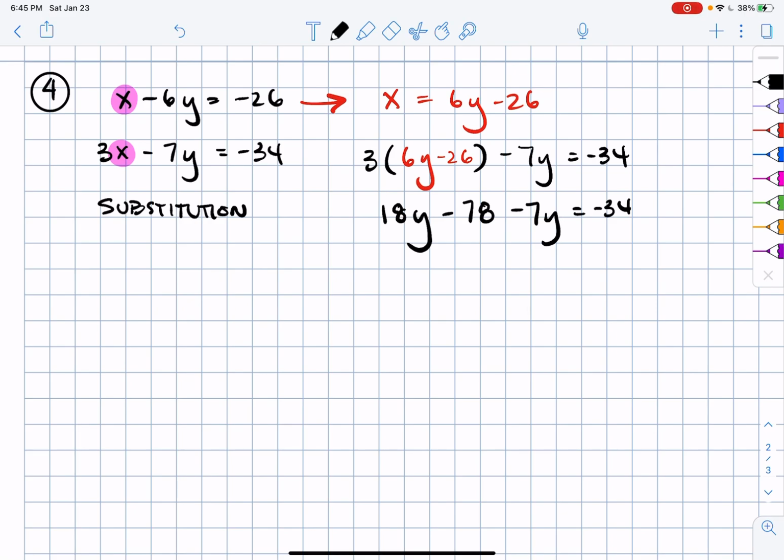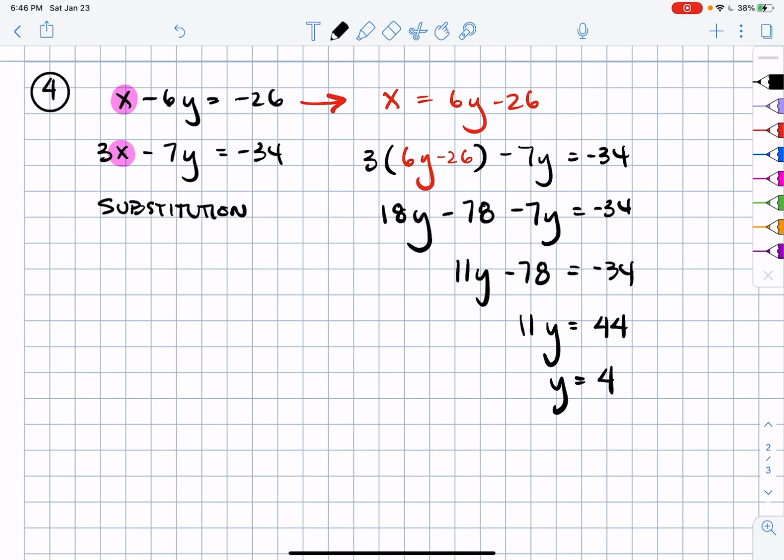I got like terms here. 18y minus 7y gives me 11y minus 78 is equal to negative 34. So when I add the 78 over, I'm going to get 44. So y is going to equal 4.